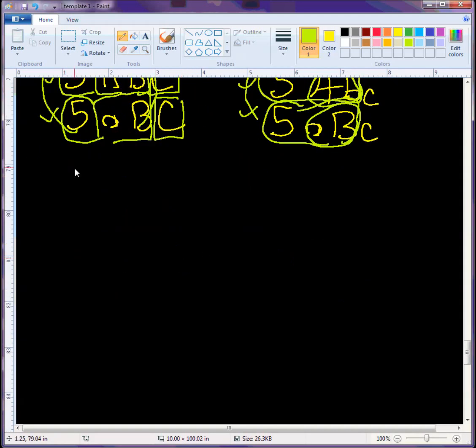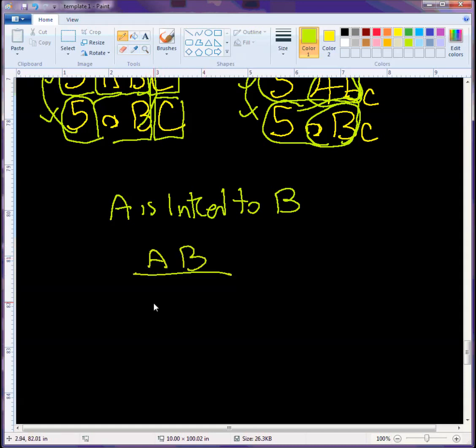So what can we conclude from the actual data? We can conclude that A is linked to B, that's the arrangement of alleles in the heterozygous parent, and A and B are 20 centimorgans apart.